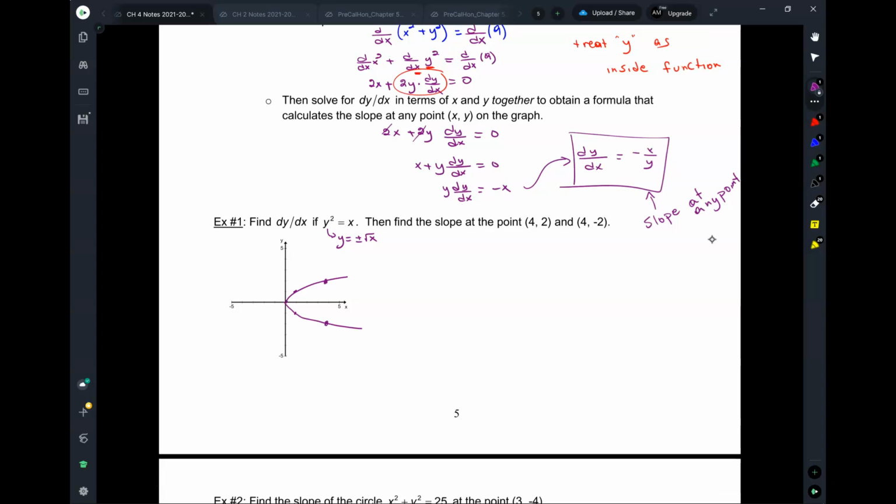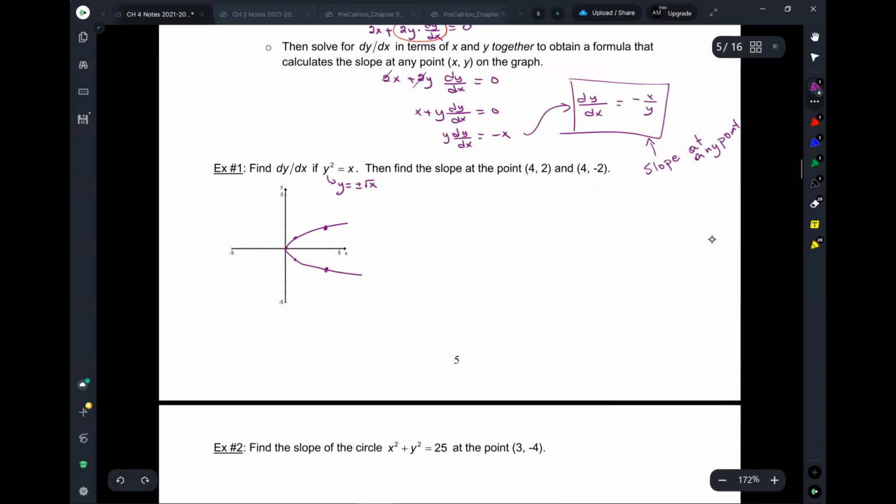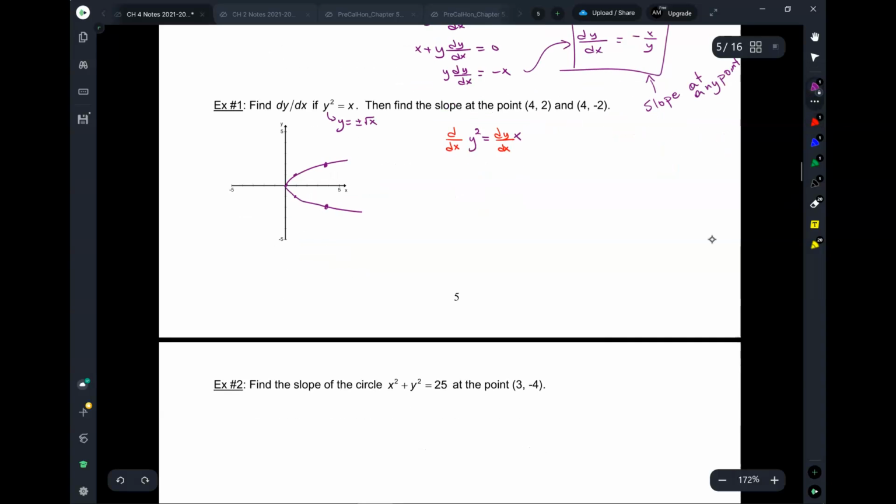All right? So, do you see how this is an implicitly defined function? We have to use implicit differentiation. So what we're going to do is, I have y squared equals x. I'm going to find dy dx of both. Okay? So, you want me to tell you the practical way of doing this? This is a y, right, with respect to x. Just take a derivative of y squared. It's 2y.